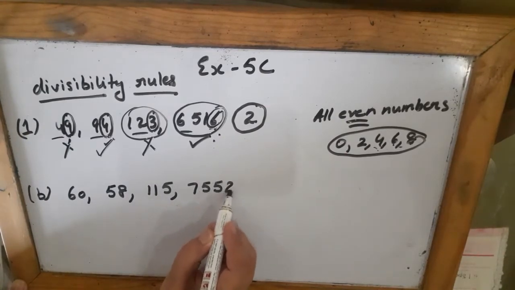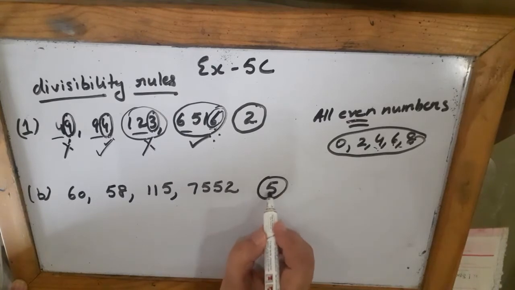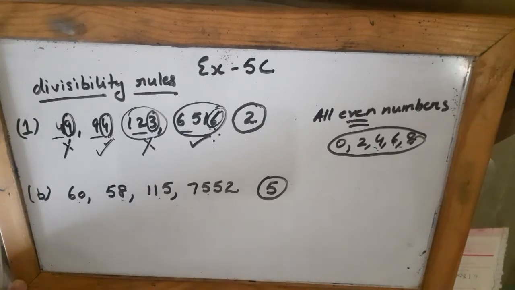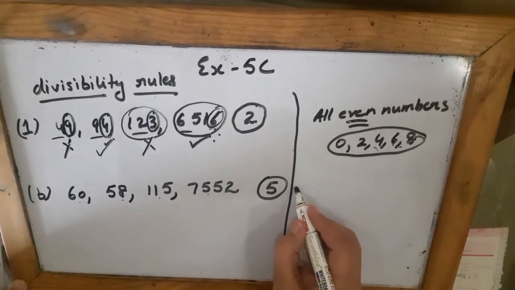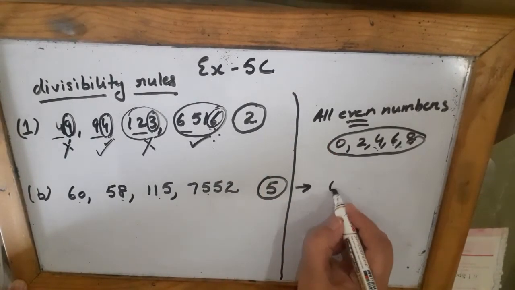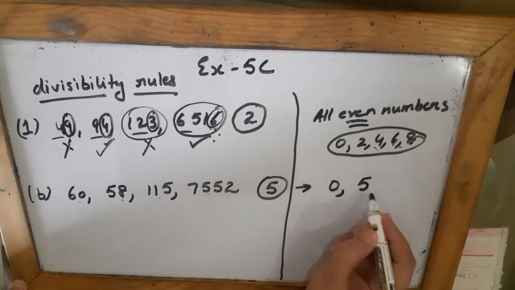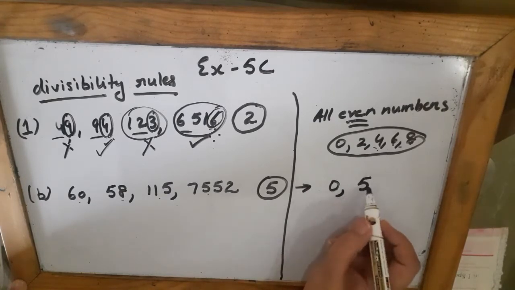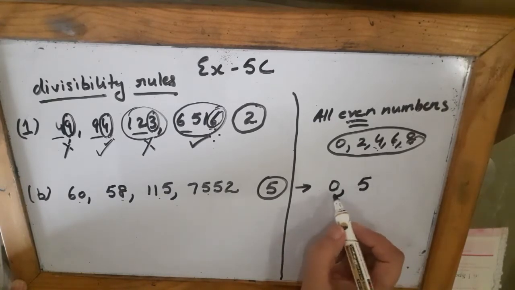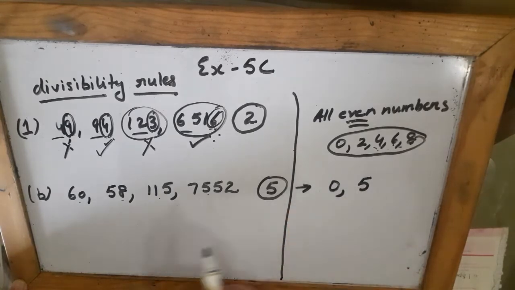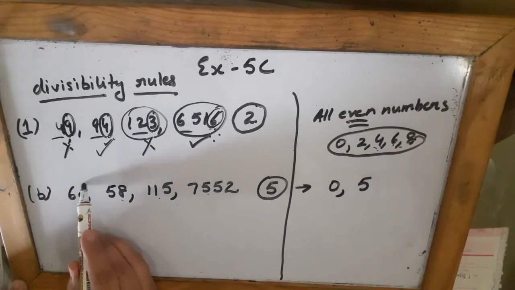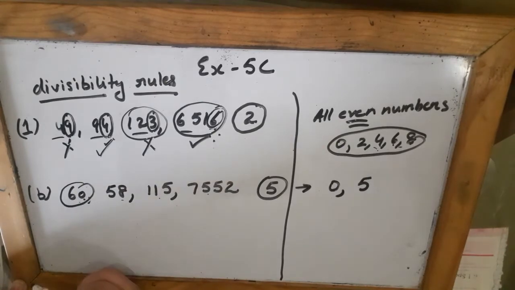Now if you look at the B part, the numbers given are these, and in the ring the number is 5. It means I have to check whether these numbers are divisible by 5. Now what is the divisibility rule of 5? It says if a number has 0 or 5 at its ones place, at its end, then it is divisible by 5.